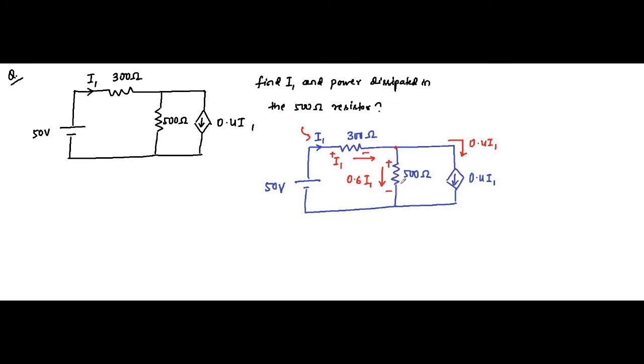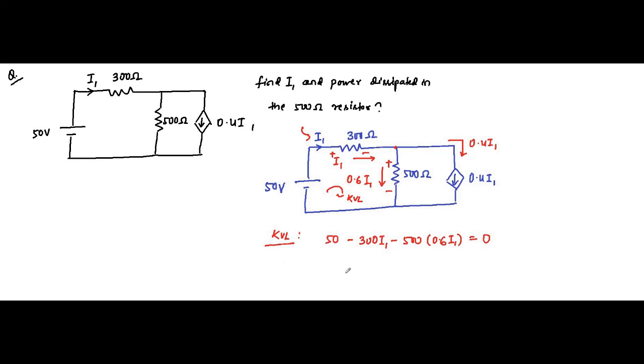Now we will apply KVL in this closed loop, the left hand side. So the KVL equation will be 50 minus 300 I1 minus 500 into 0.6 I1 is equal to 0.